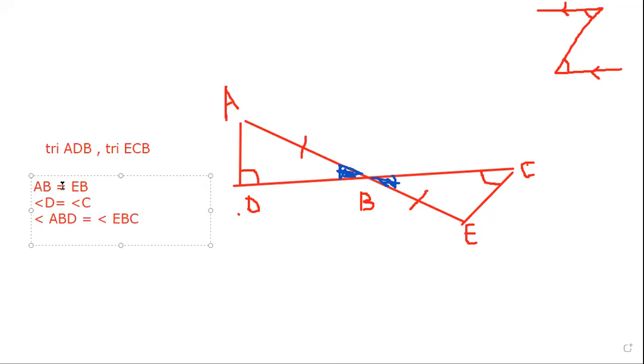Then the two triangles are now congruent by which postulate? Side, angle, side, SAS. Yes. And I want to add something. Yes, sure.